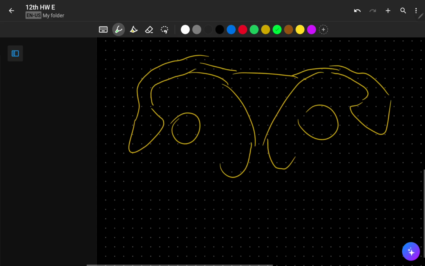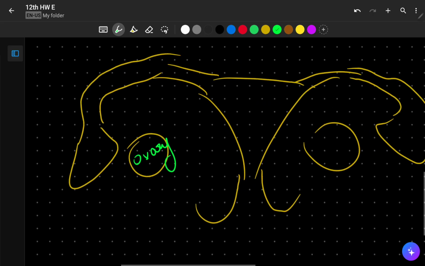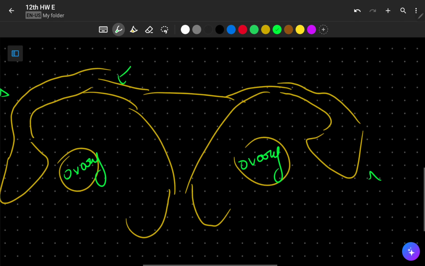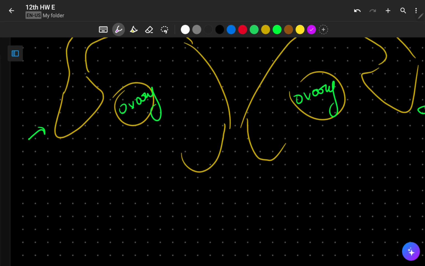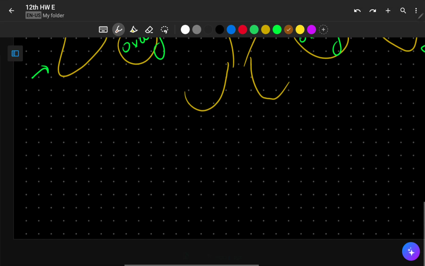Just one last thing. This is the female reproductive system, and for example, these are the ovaries, the two ovaries on the lower abdomen. This is the infundibulum, ampulla, isthmus. And this is where, for example, let's just make a dig.